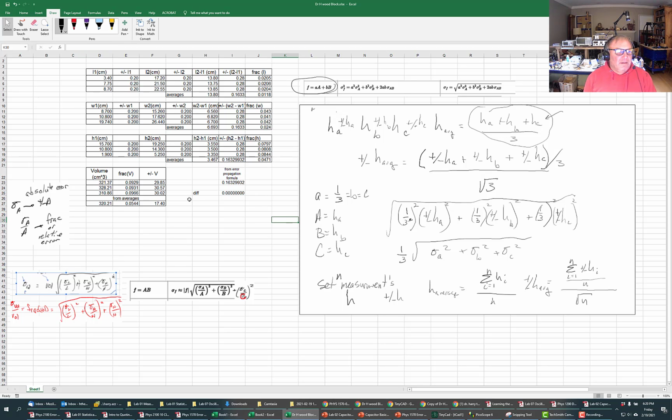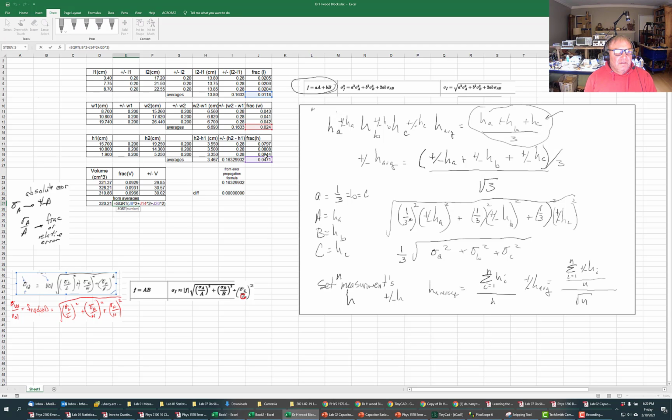And then at the end of the day, we calculated the length, multiplied the length, width, and height, the averaged ones, as I said, and then we took the new plus minuses of the averaged values, and then we did the standard error calculation there.